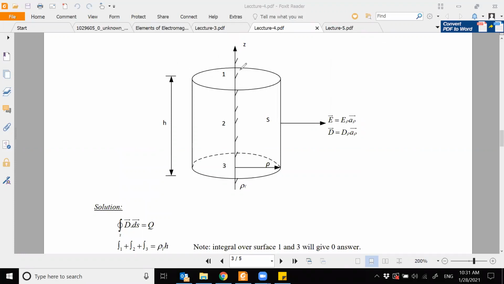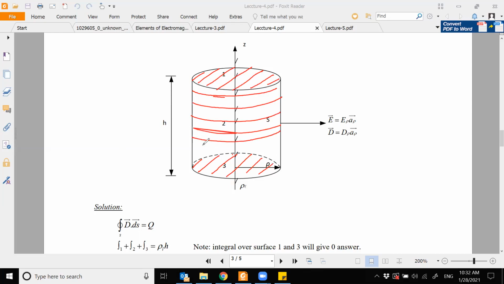My closed surface, Taha, has this top surface, which is circular in nature because it's a closed surface, the bottom surface, which is also circular, and then the side surface. So you have these three areas, correct?